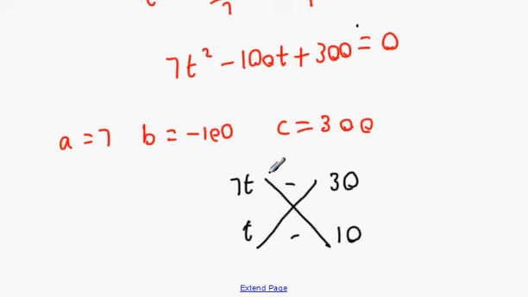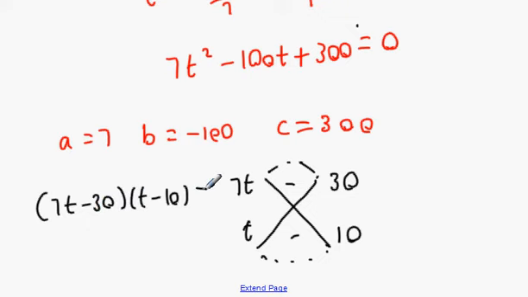You could do the minus b if you weren't too comfortable with big X. So 7t minus 30, t minus 10 equals 0. And then what you know from here is t equals 30 over 7 and t equals 10.